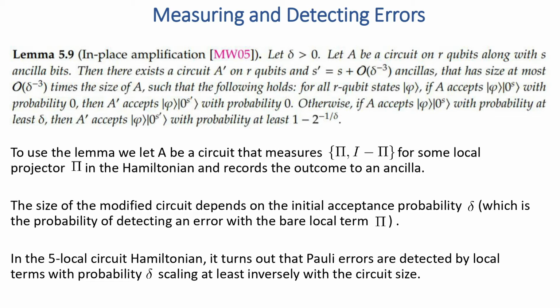And so of course we're going to have that circuit amplify the measurement of our local projector terms. The initial probability then is inverse polynomial, and in fact, it scales inversely with the circuit size, so we can use this lemma to amplify the detection of the error to probability approaching 1.